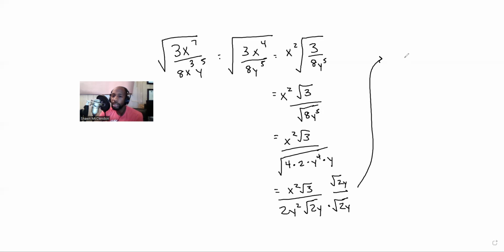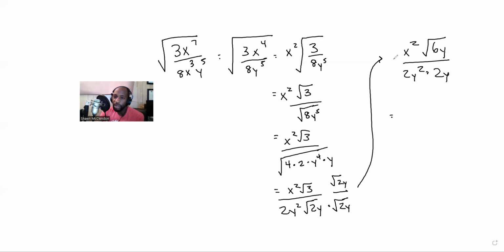So that becomes x squared times, now we're multiplying the square root of 3 times the square root of 2y. So that's the square root of 6y. And then that's all over 2y squared times, and when you rationalize that, the square root of 2y times the square root of 2y is just 2y.